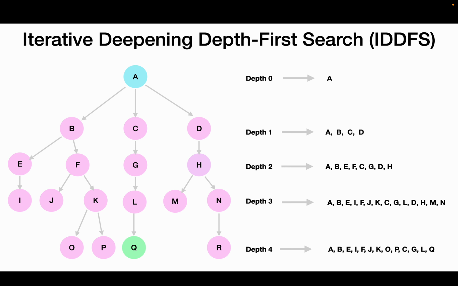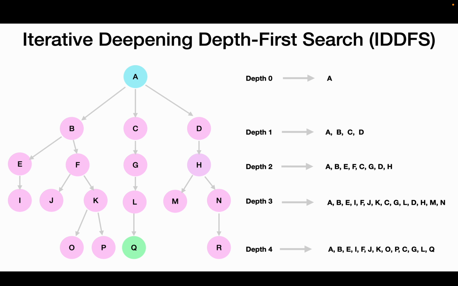Consider this tree where A is the initial node and Q is the goal node. So iterative deepening works as follows. First we'll assume limit as 0, so only node A is generated. Then limit as 1, then we have A, B, C, D. So it is like a DLS algorithm, depth limited search, with increasing limit value. Next we take limit equal to 2.